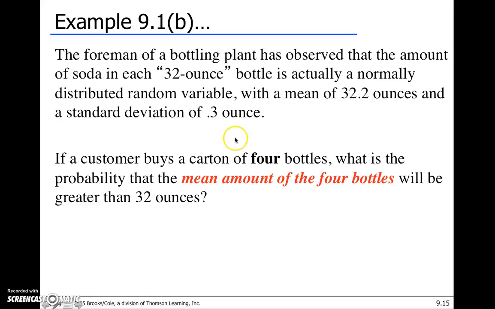The foreman of a bottling plant has observed that the amount of soda in each 32-ounce bottle is actually a normally distributed random variable with a mean of 32.2 ounces and a standard deviation of 0.3 ounces. If a customer buys a carton of 4 bottles, that is n equals 4, what is the probability that the mean amount of the 4 bottles will be greater than 32 ounces?